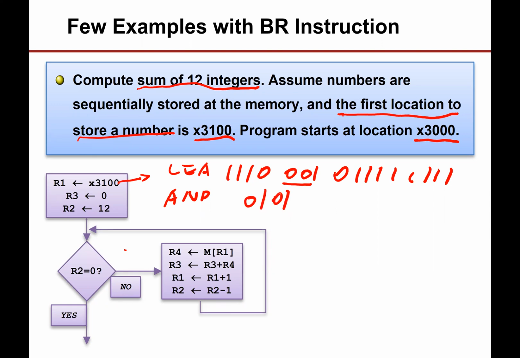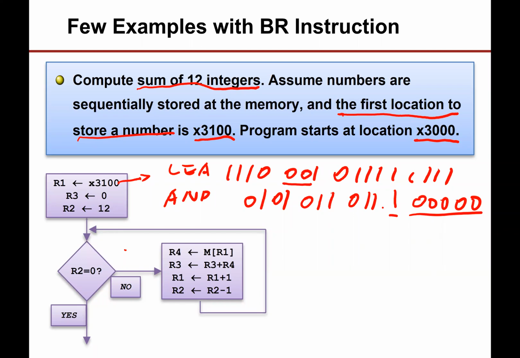So the destination is R3, which is 0, 1, 1, and its source is also 0, 1, 1. This one uses the immediate addressing mode, so the last 5 bits are all zeros. So this is the one.